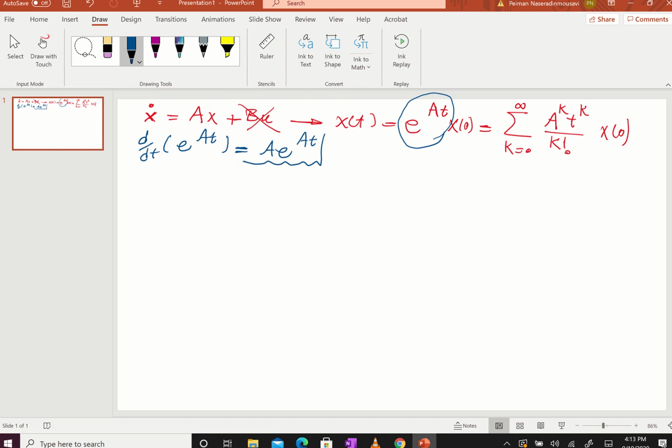And now let us do this through the Laplace transform.